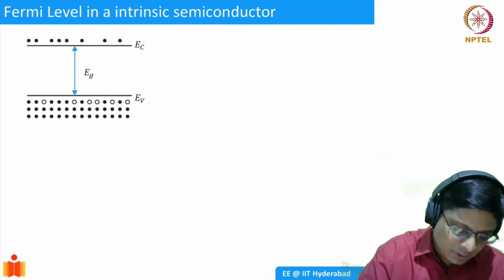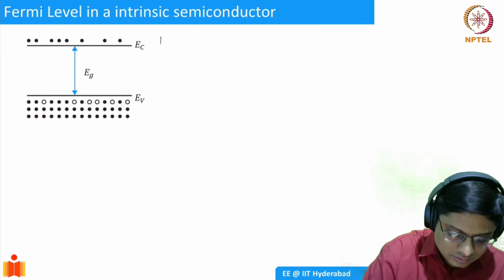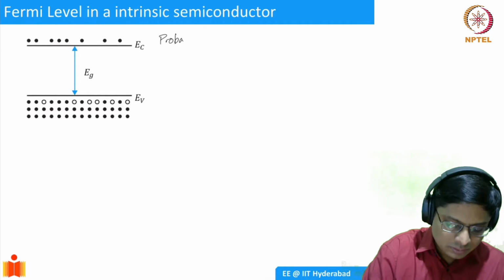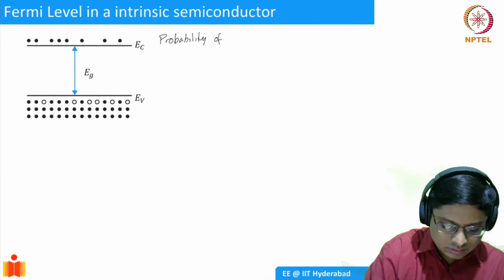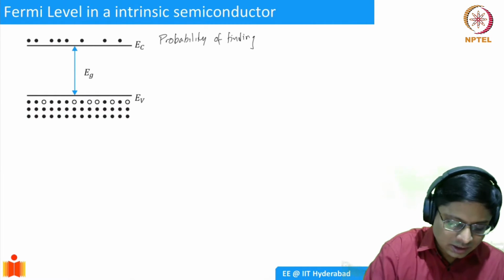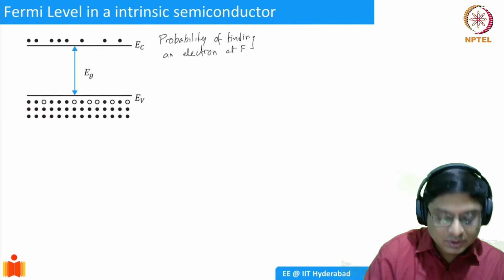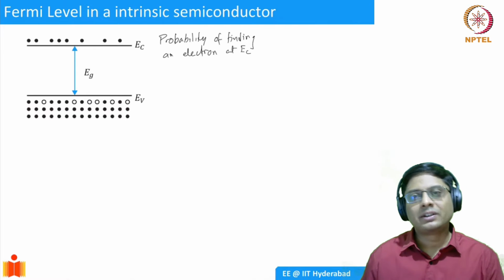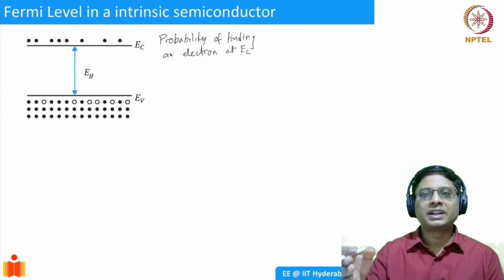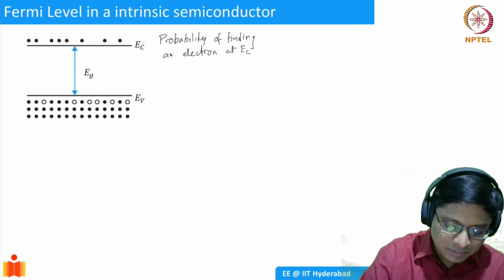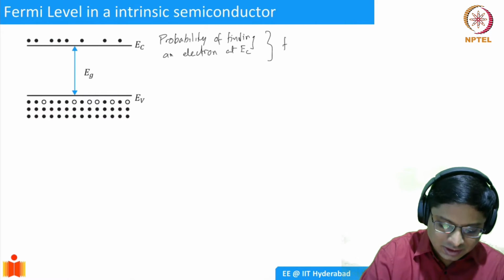So what is the probability of finding an electron at EC? Well, we saw f of E is basically the probability of finding an electron at E, right? So simply you have to replace E by EC.